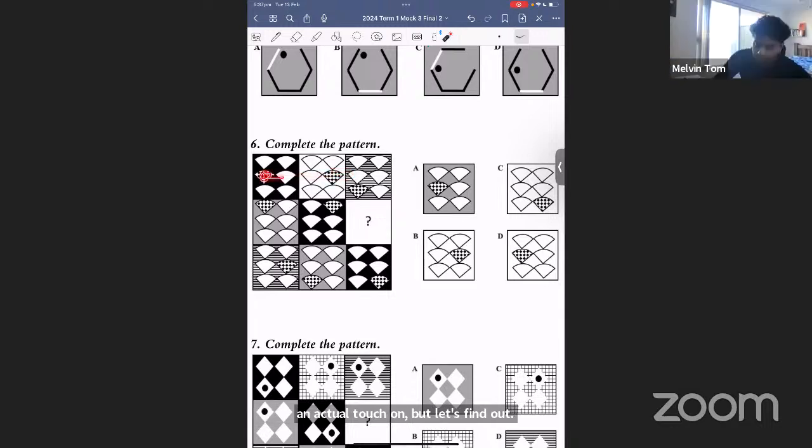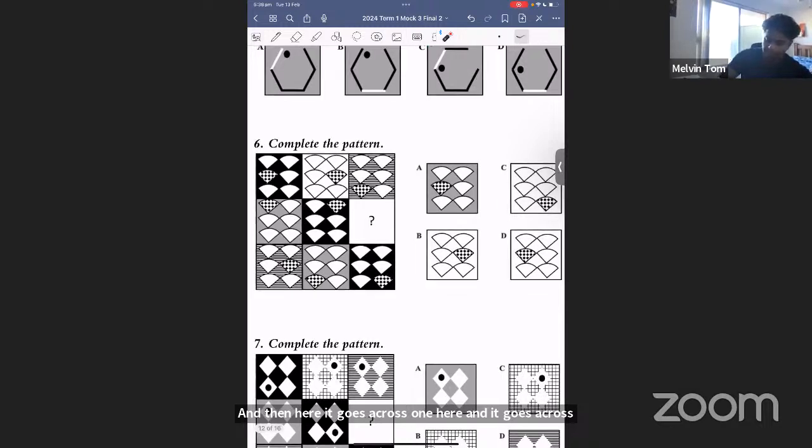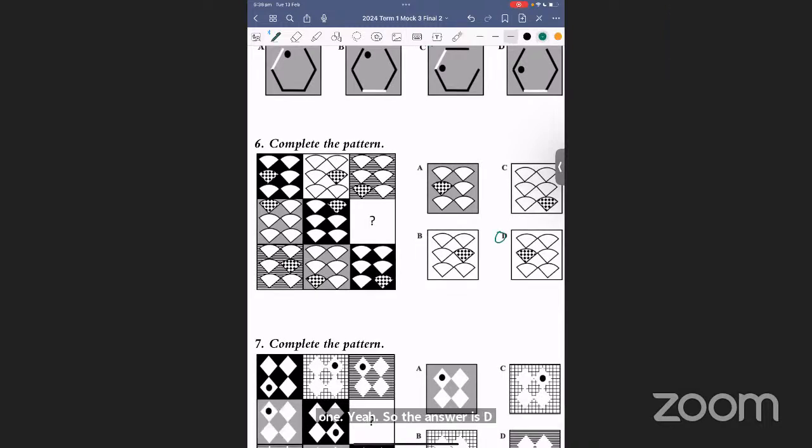The check mark goes across 1, and then it goes across 1 here. It goes across 1, and it should go across 1 here, correct? And the answer is D. And then here it goes across 1, and it goes across 1. So the answer is D. Pretty easy. Do you guys understand? Yeah, I understand.